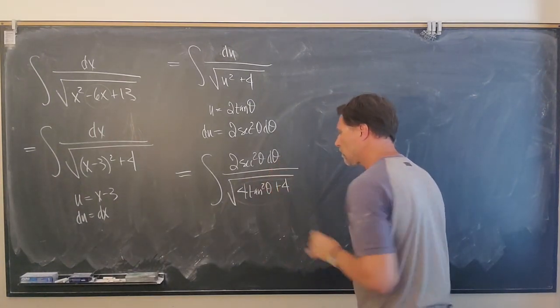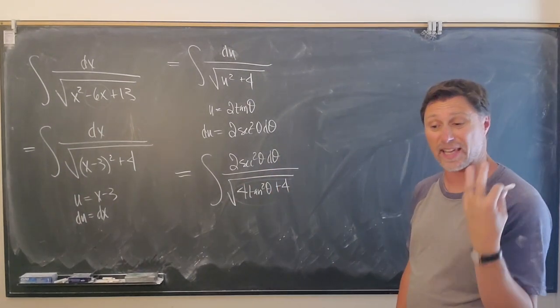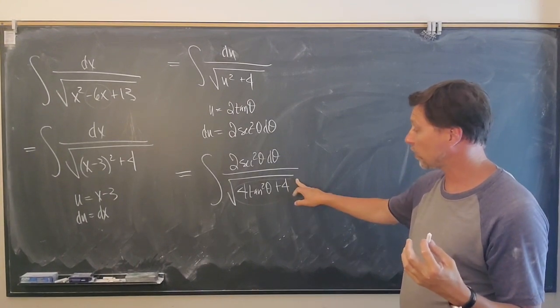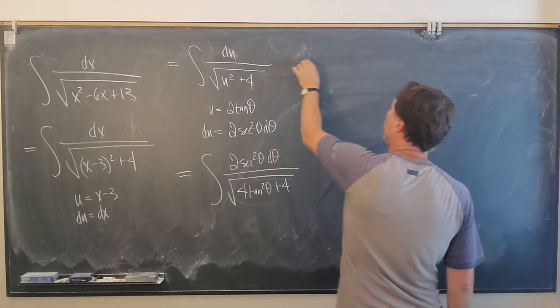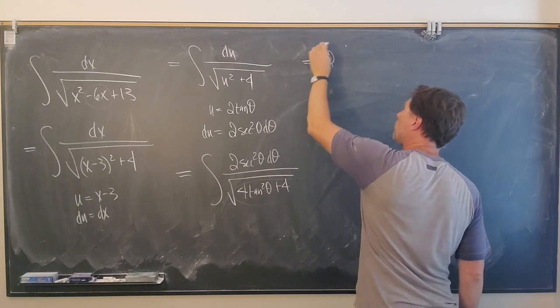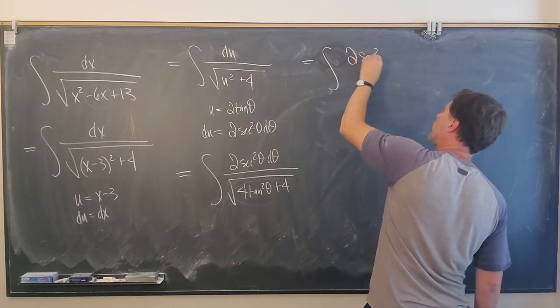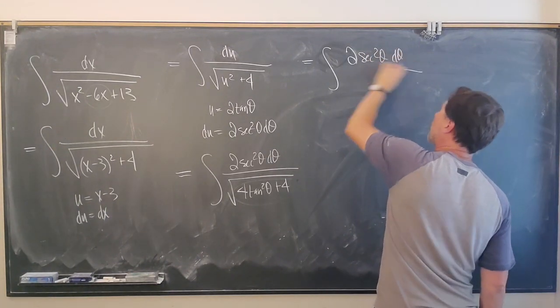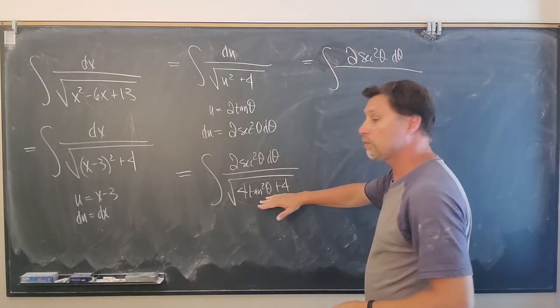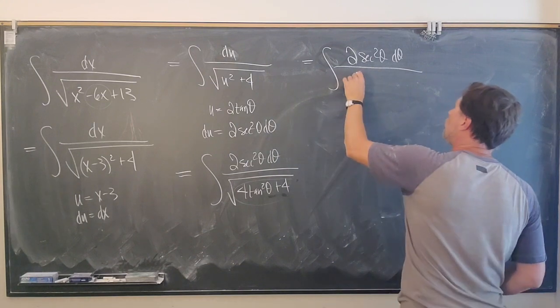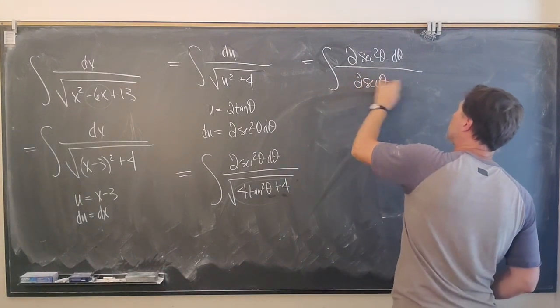That right there can be replaced with a 4 secant squared theta. Because it's under the square root, we can kill that off. And so what we'll have is the integral of 2 secant squared theta d theta on the top. And then the denominator can be rewritten as 2 secant theta.